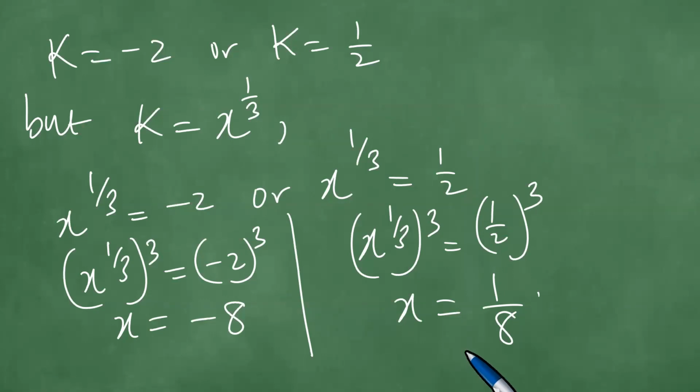So the two solutions to this are -8 and 1/8. Now the question is whether, if you put in both of these, they must give 0. Because we did not square both sides of the original equation, it must actually work. So you can do a check.